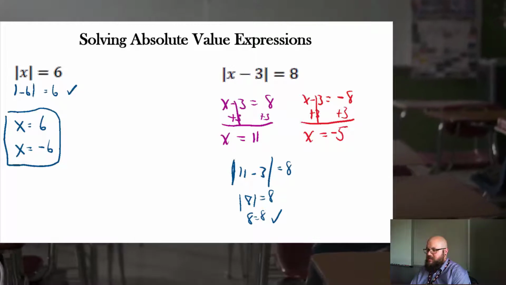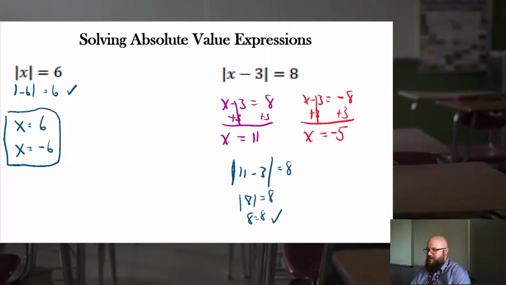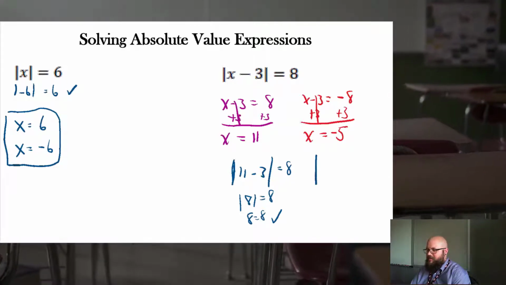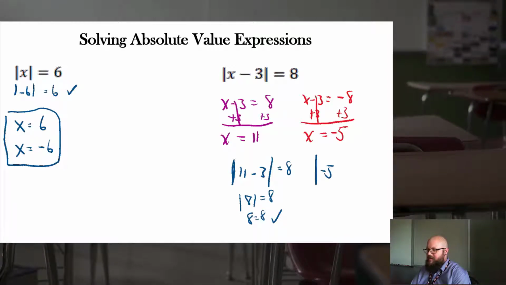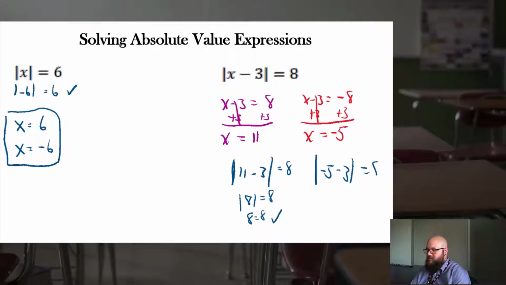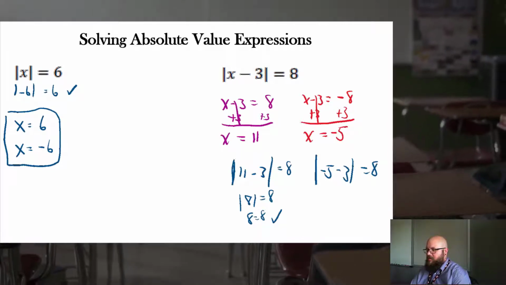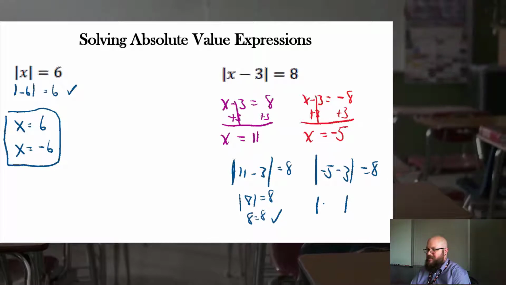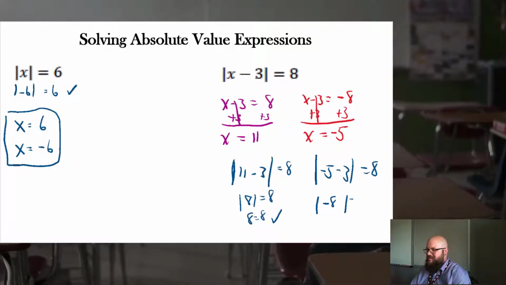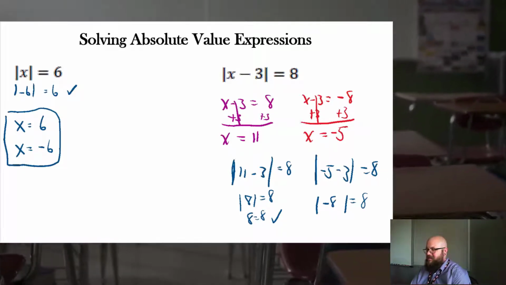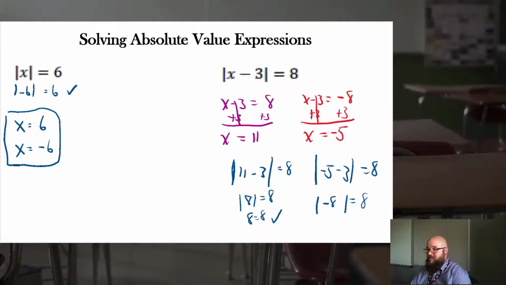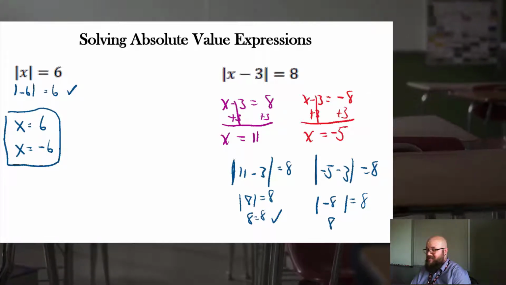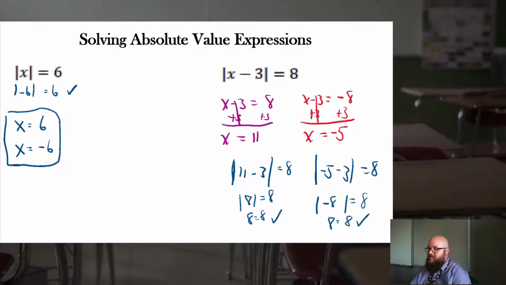And then over here, we have negative 5 minus 3, and we're saying that equals 8. Well, if you take negative 5 minus 3, you should have a negative 8. So the absolute value of negative 8 is 8, so 8 equals 8. That one works out too.